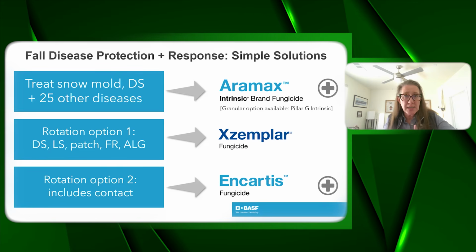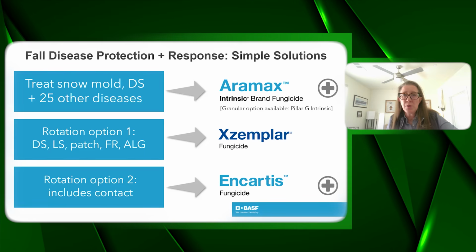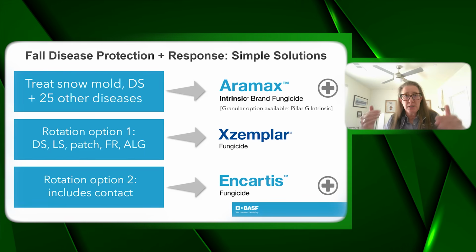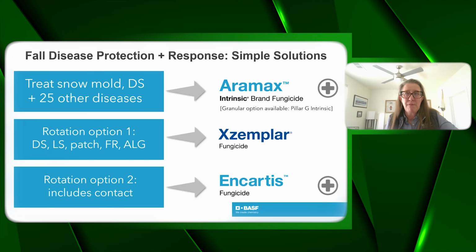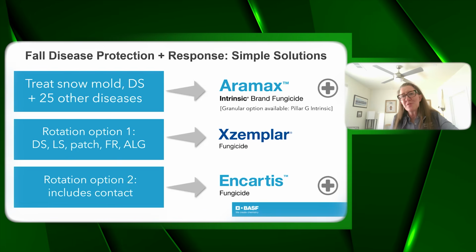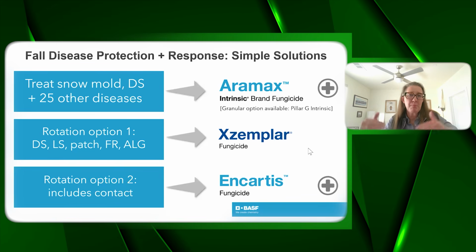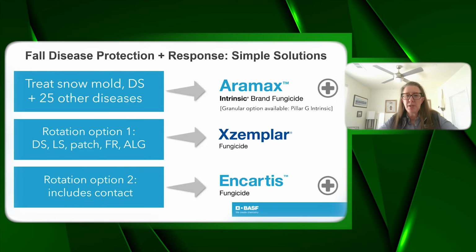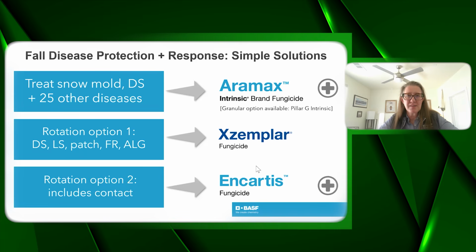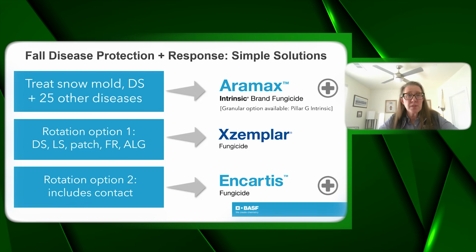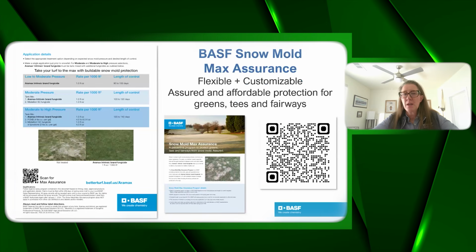So if you have niche needs that are not met by these recommendations and options, we can help with those, as well as competitive fill-ins that can do a lot of work for you. I have some favorites from our competitors' portfolios that I like to recommend. Some of them I wish were in our portfolio. And when we write custom programs, I put in lots of different modes of action besides the 3s, 7s, 11s, and contacts, Pythium specialists, all kinds of things to make sure that you get a well-rounded program.